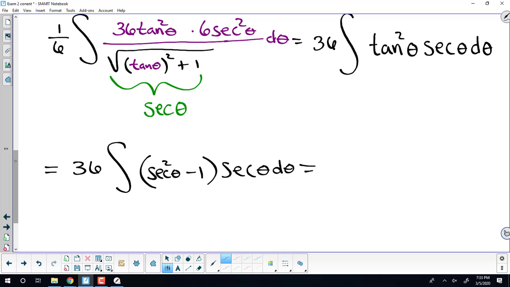And that's where things get kind of, well, more messy. So we have the integral of secant cubed minus secant.